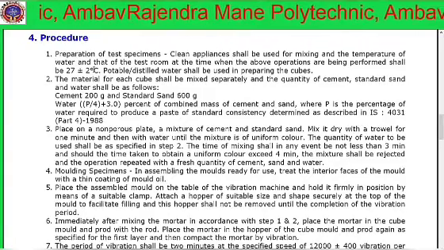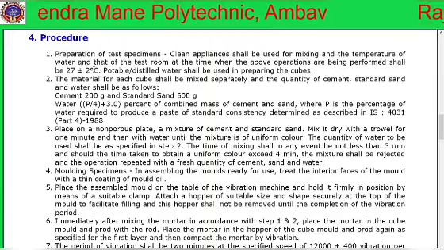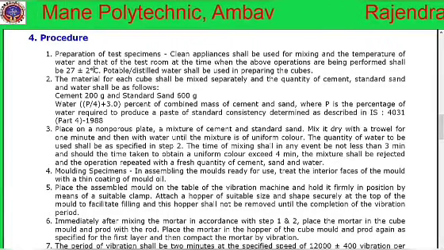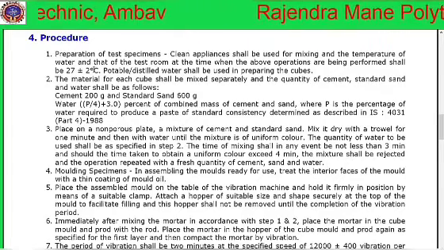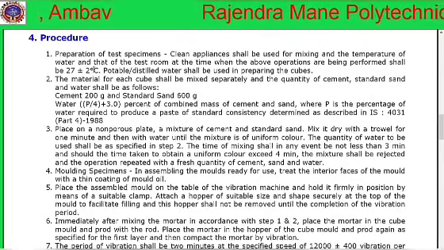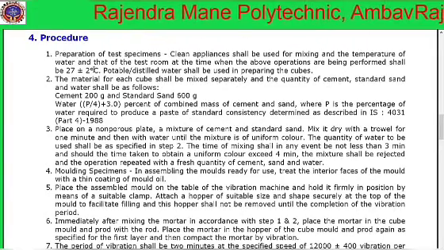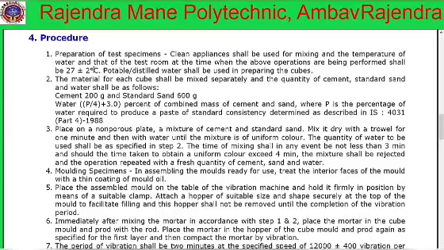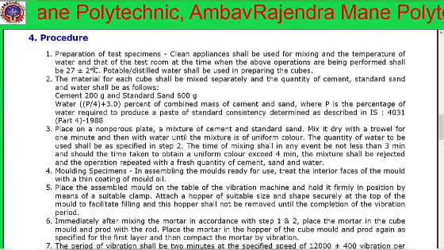Then mix it in dry condition for 1 minute. Add water of P by 4 plus 3.5 when ordinary sand is used, and P by 4 plus 3 when standard sand is used. That is, P by 4 plus 3% of combined weight of cement and sand.